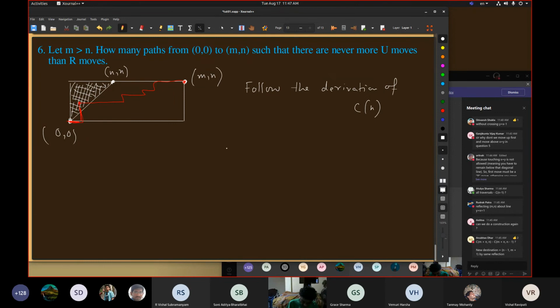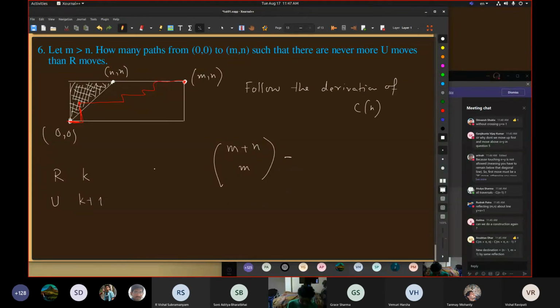So that means the total number of paths is m plus n choose m or n, whatever you say. The total number of moves is m plus n, and you choose m horizontal movements or n vertical movements. This is total number of paths minus, let us see. So if there is an invalid path, then for some k, I have k right movements and k plus 1 up movements.